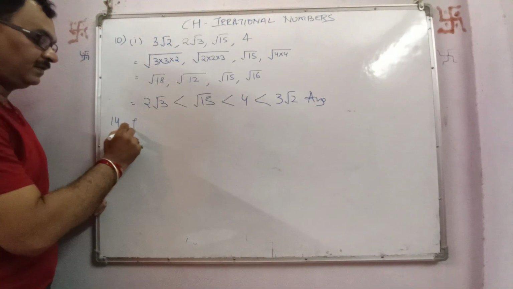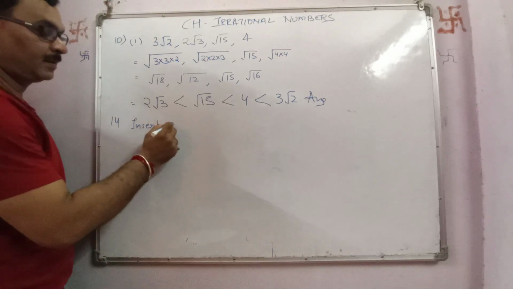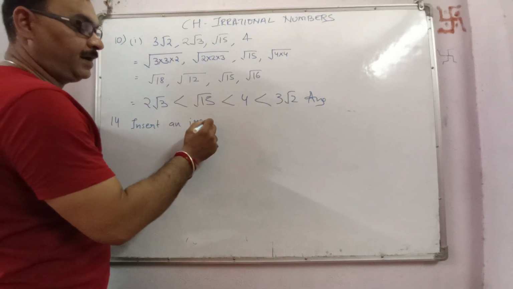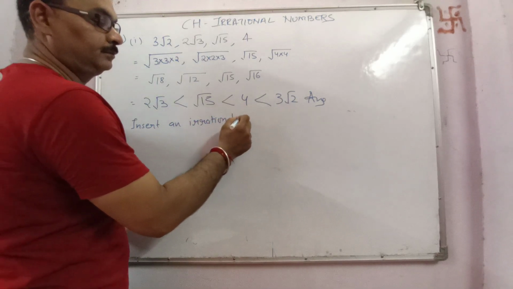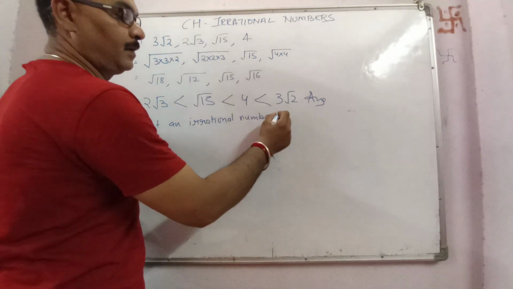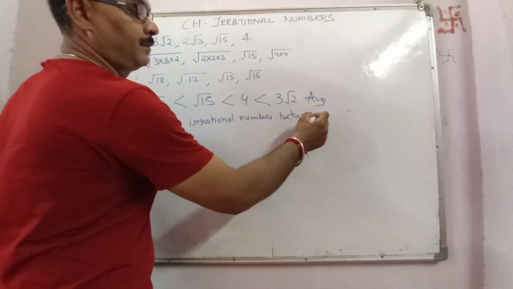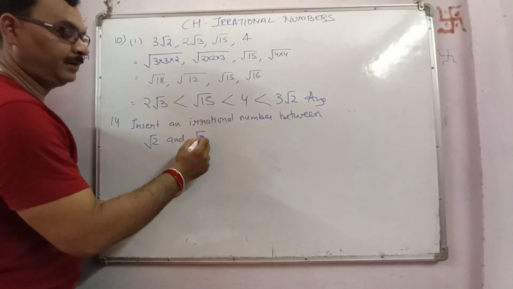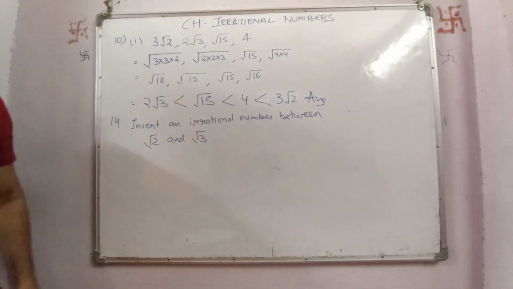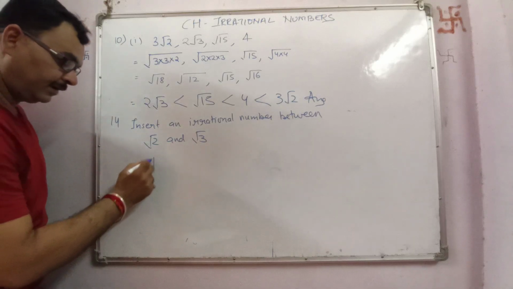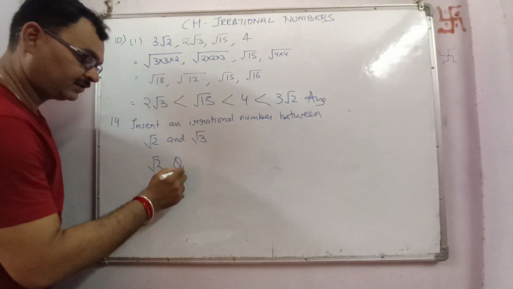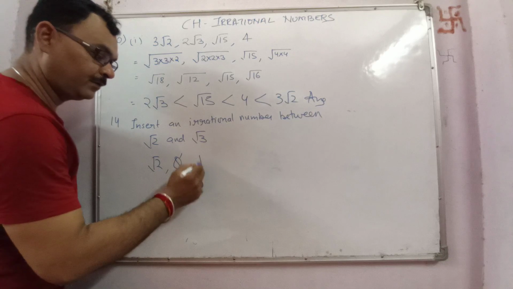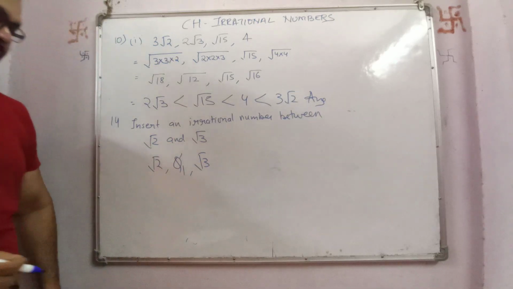Now we have to insert an irrational number between root 2 and root 3. Now we will write, say it is root 2, irrational number q1 dash, and root 3. We need to find out q1 dash.